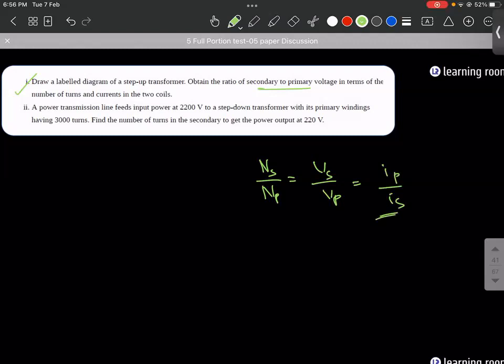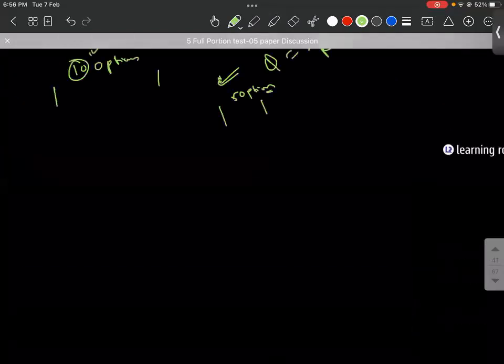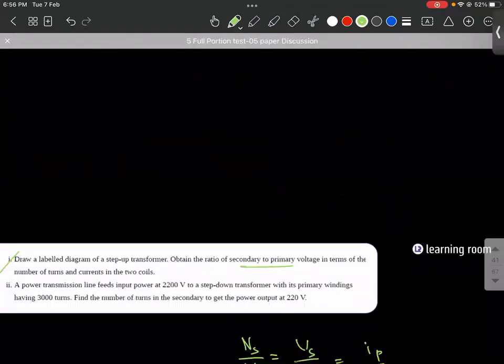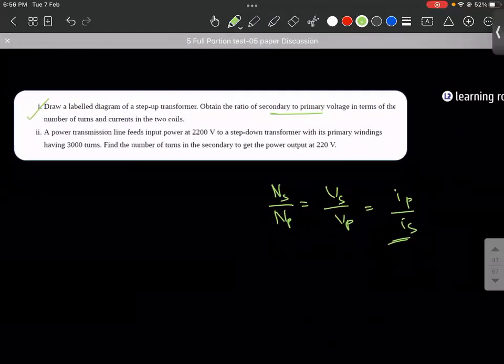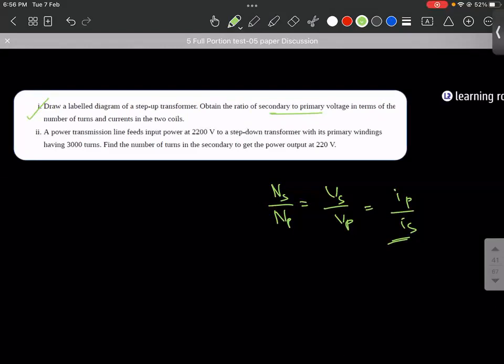Next, it's an OR question, right? A power transmission line feeds input power of 2200 volt to a step-down transformer with its primary windings being 3000 turns. Find the number of turns in the secondary to get the output power as 220 volt.